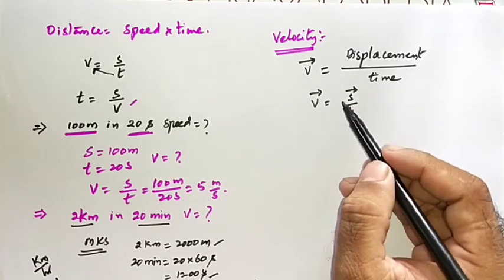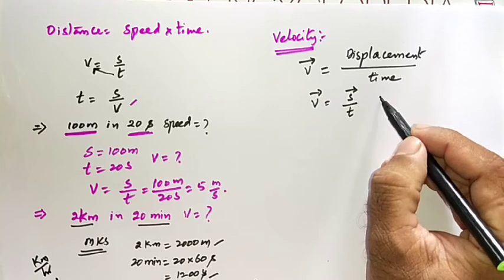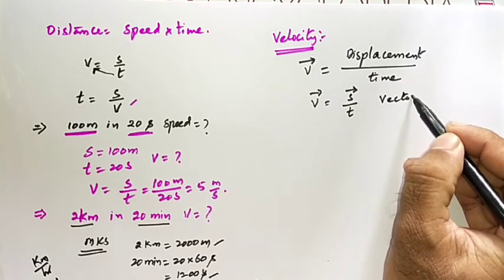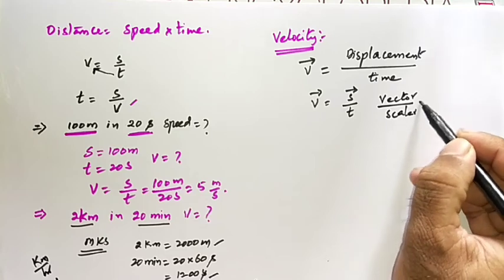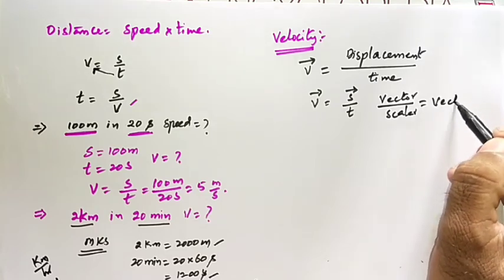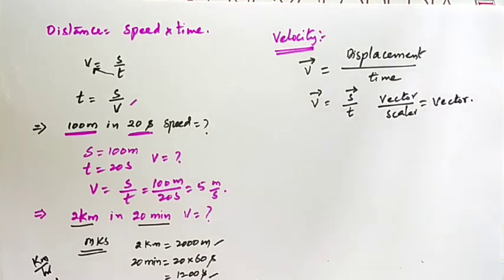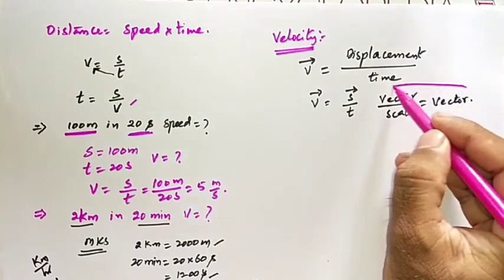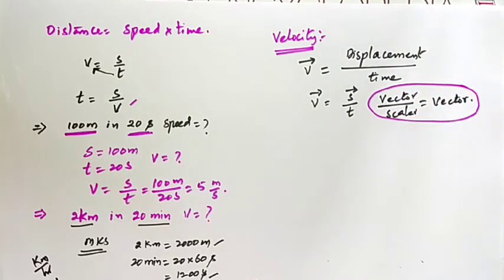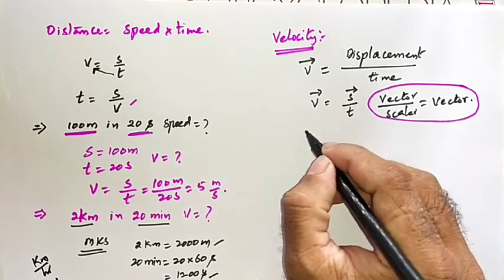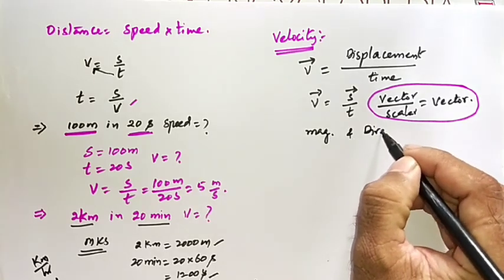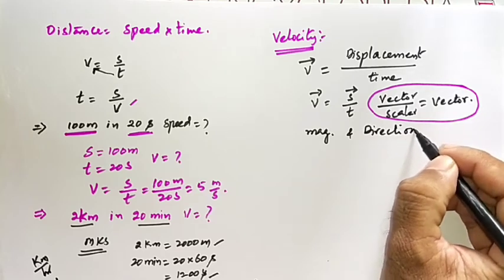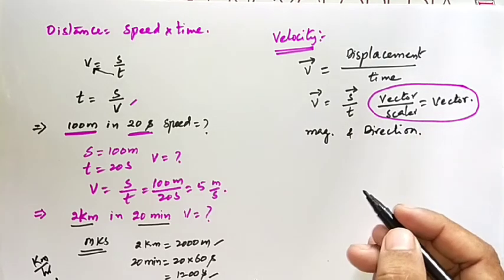See here, displacement is a vector. Yes or no? You are dividing a vector with a scalar, so that gives another vector. Clear, sir? That's why velocity is a vector quantity. That means it has both a magnitude and a direction. But speed is a scalar physical quantity.